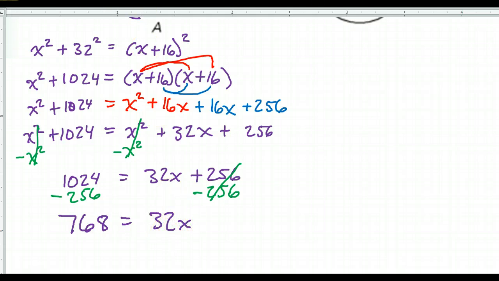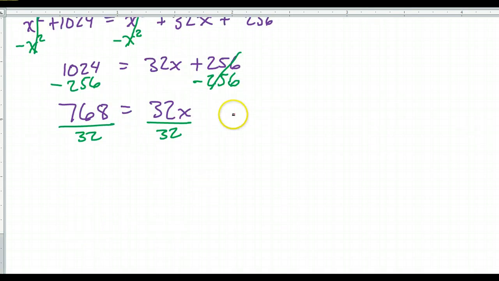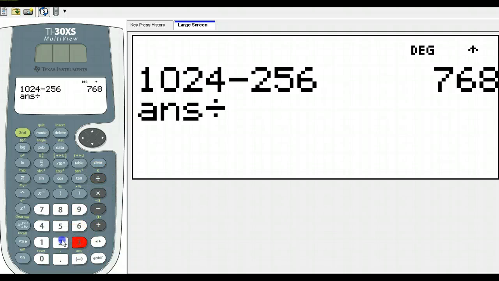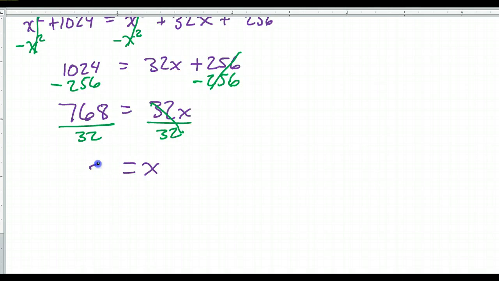And then, of course, we're going to divide both sides by 32. 768 divided by 32. 24. And there you have it, ladies and gentlemen, x equals 24.